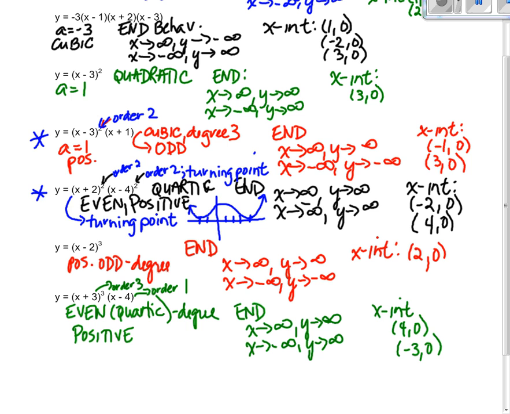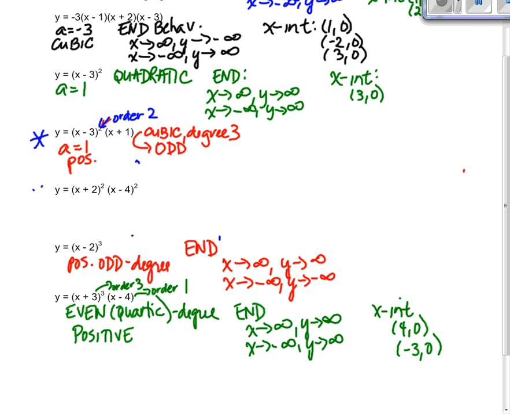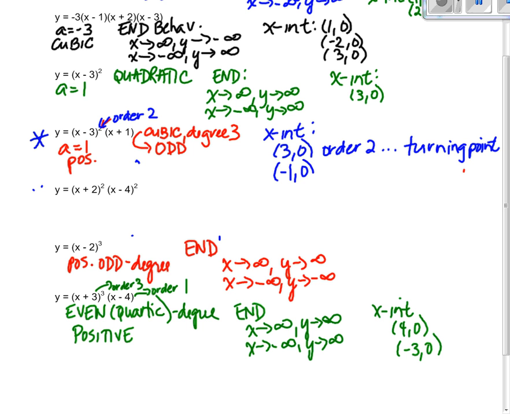Let me just clean some of this out for a second. Okay. X minus 3 squared has order 2. That means we have an x-intercept at 3, order 2. Means that there is a turning point there. It doesn't just pass through the x-axis, whereas the x-intercept of -1 is not a turning point.